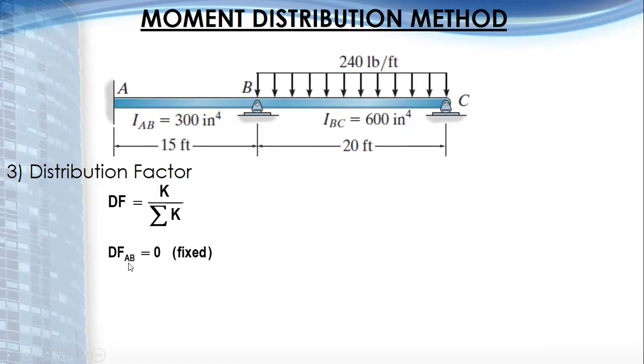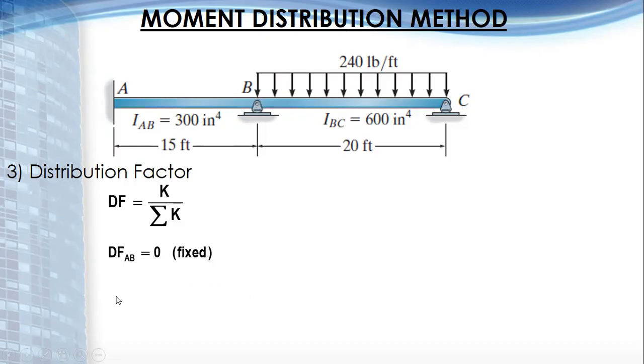And for BA, the distribution factor for a member is equal to the stiffness of the member divided by the sum of the stiffness connected at the joint. For joint B, the members connected are BA and BC.